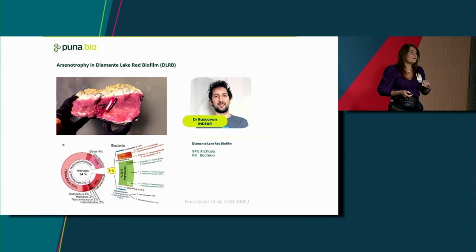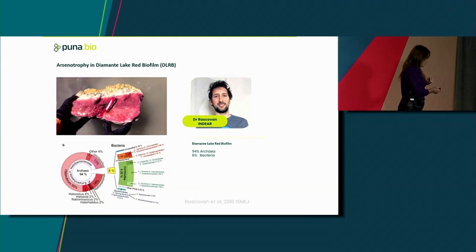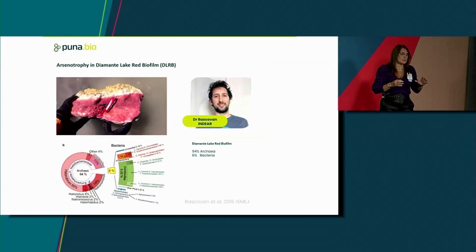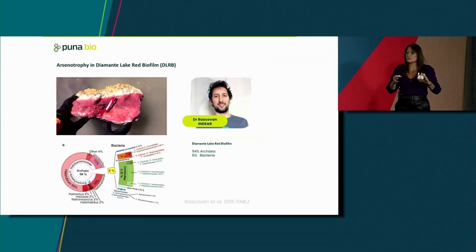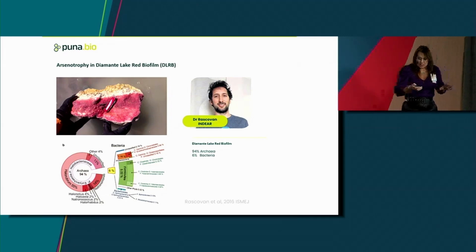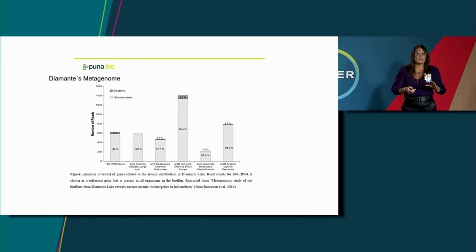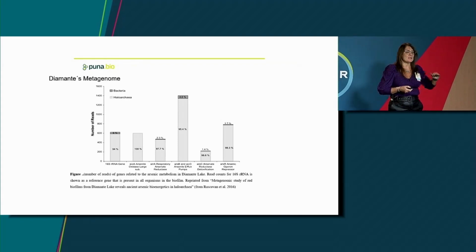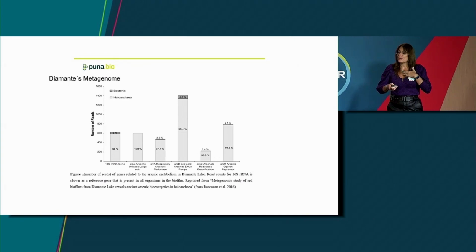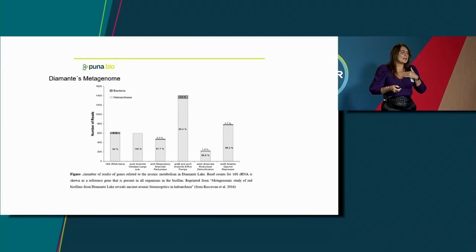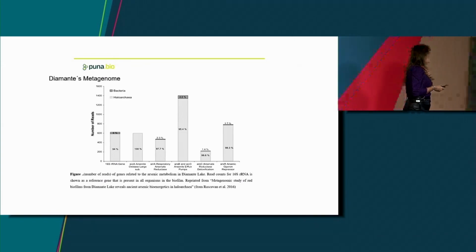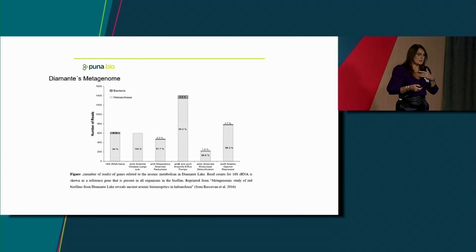In fact, 94% belongs to archaea, and among them Halorubrum is dominant. So we studied the metagenome of this environment, and we found that it is dominated by arsenic respiration genes, mainly arrA and aioA.